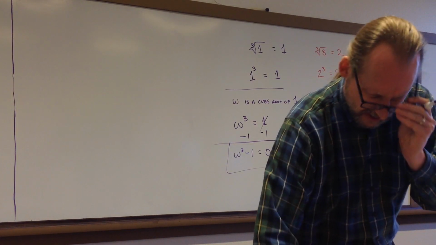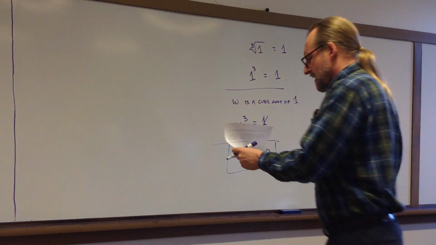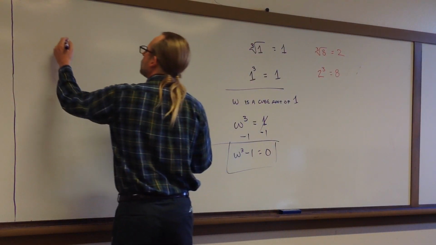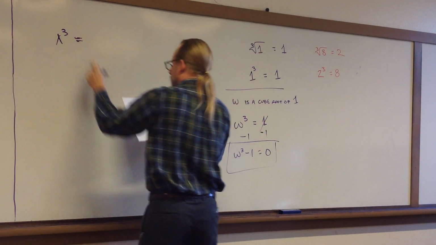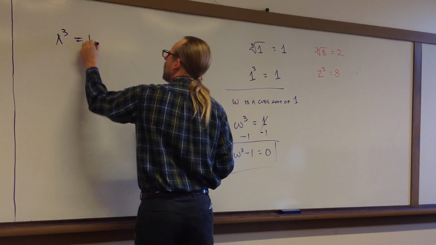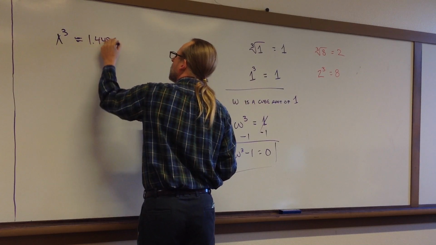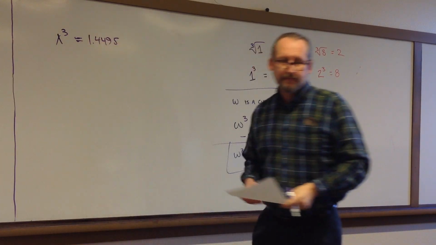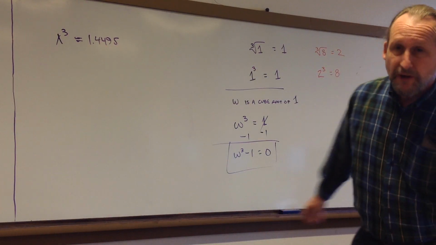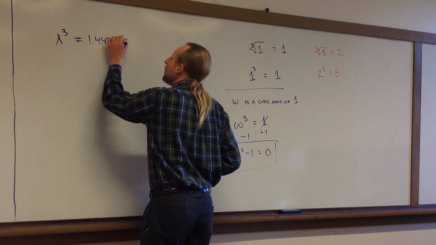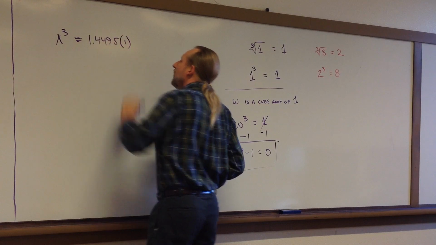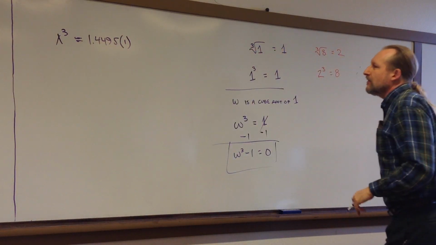let's see here. Part 3, so let's say we've got a solution x cubed is approximately 1.4495, okay? So, to find out what x is, we're going to cube root both sides. But before I do that, there's always a hidden 1 hanging around in there, right?